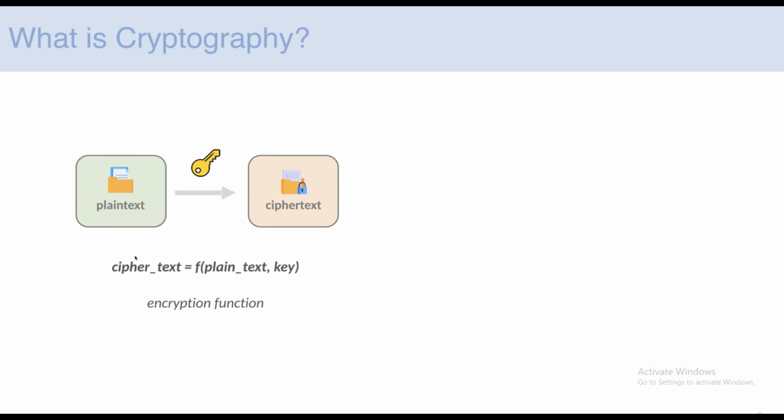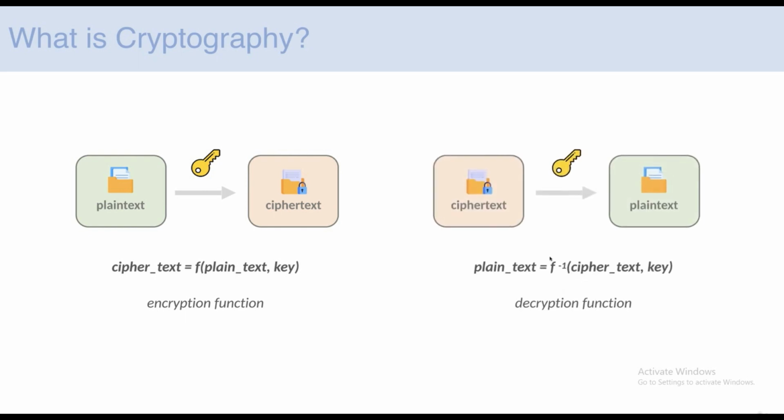So the result of the encryption function is the ciphertext itself. On the other hand, the inverse operation is the decryption function. The input is the ciphertext, we need a private key, and the decryption function is going to transform the ciphertext into a plaintext. This is why the result of the decryption function is the plaintext.